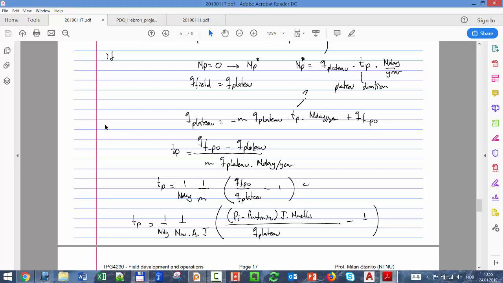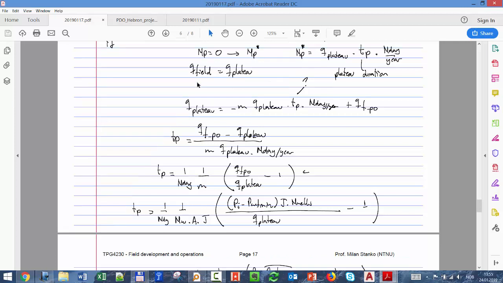So if I increase the number of wells for a fixed plateau rate, this whole summation is becoming more positive, bigger. That means the plateau duration is increasing. Intuitively, some have problems visualizing that, but that's what this simple model gives. And then we went one step further.